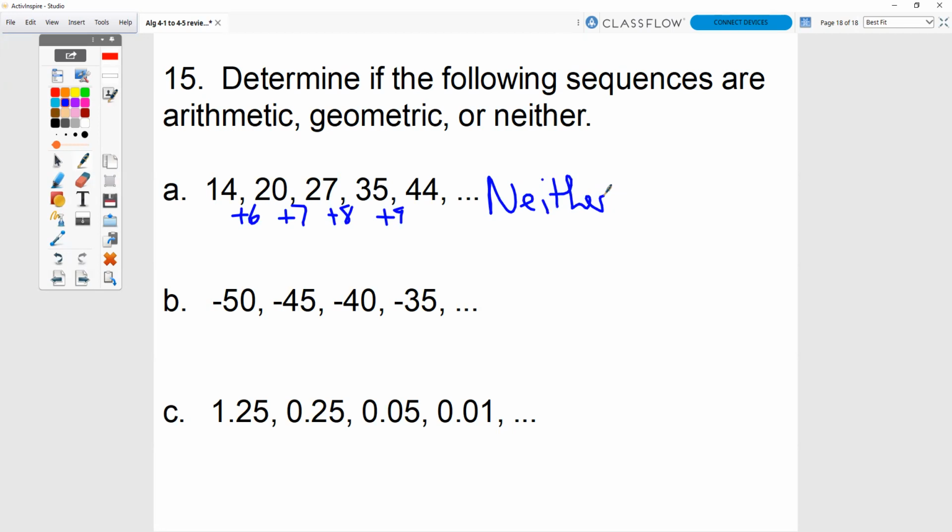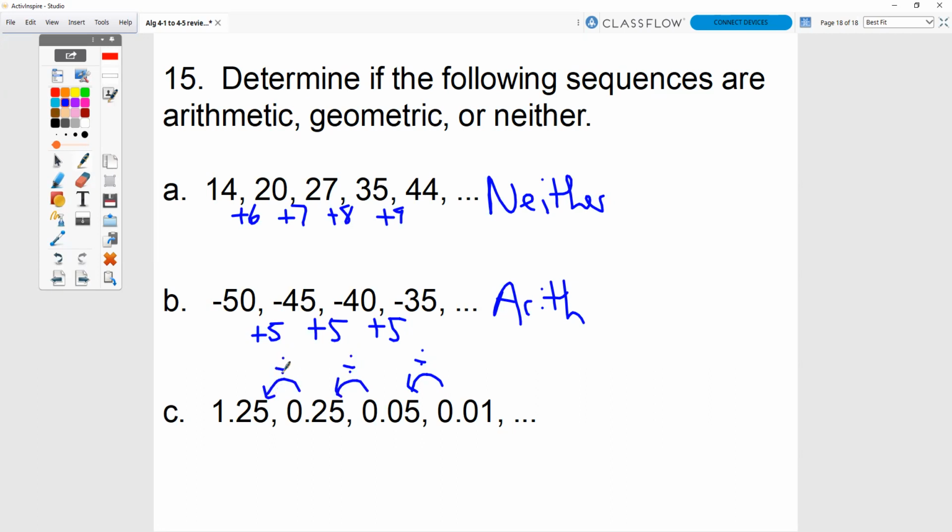Remember, to be arithmetic, it has to be the same number each time. Negative 50, negative 45, negative 40, negative 35. I can clearly see that I'm adding by 5 each time. If I'm adding by 5 each time, it is arithmetic. Next, 1.25, 0.25, 0.05, 0.01. Again, divide going backwards.